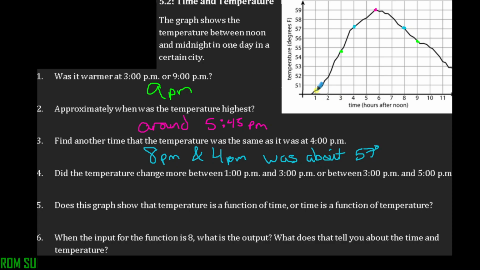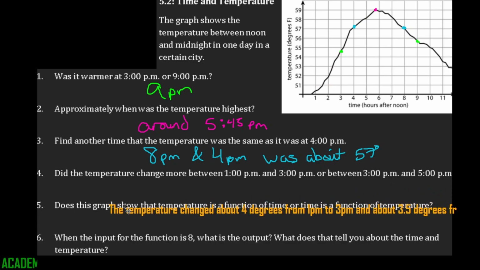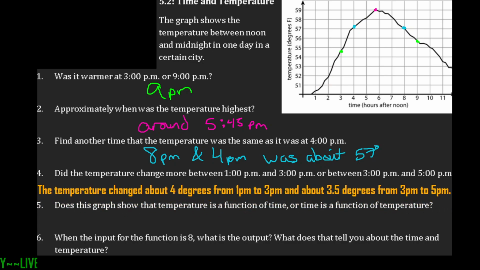From 1 p.m. to 3 p.m. versus 3 p.m. to 5 p.m. Even though 3 p.m. to 5 p.m. is higher, meaning it was warmer during that time, it's asking about which one increased more. So we're going to say the temperature changed about 4 degrees from 1 p.m. to 3 p.m. However, it changed about 3.5 degrees from 3 p.m. to 5 p.m.